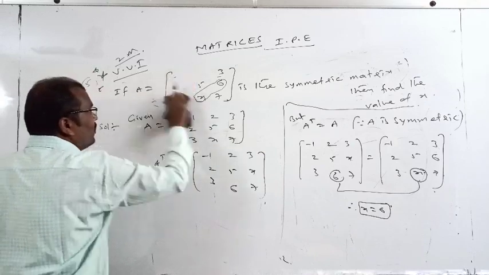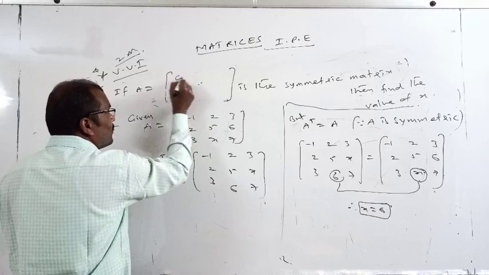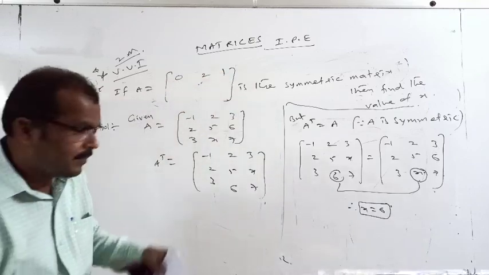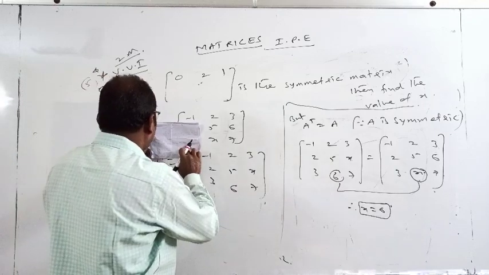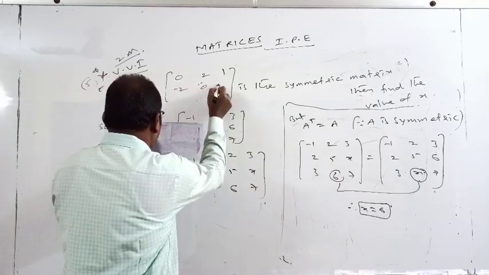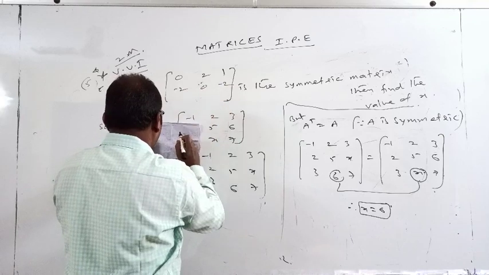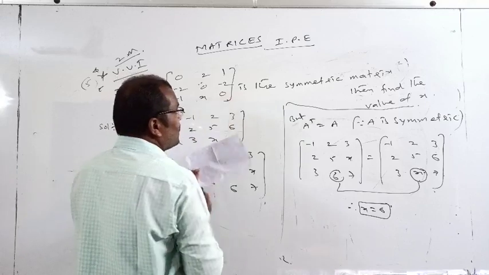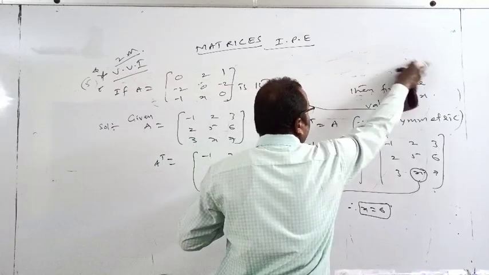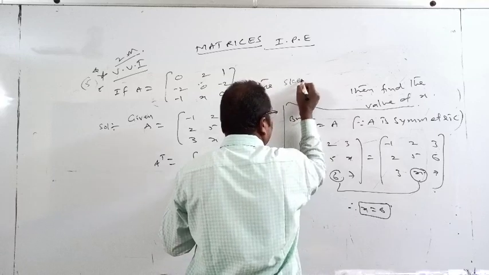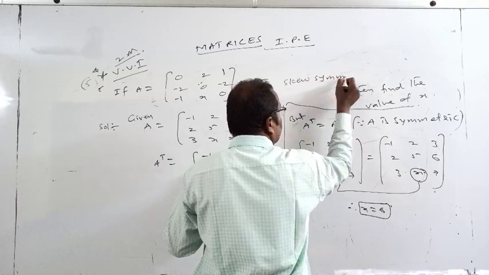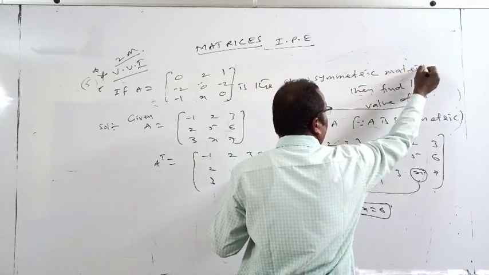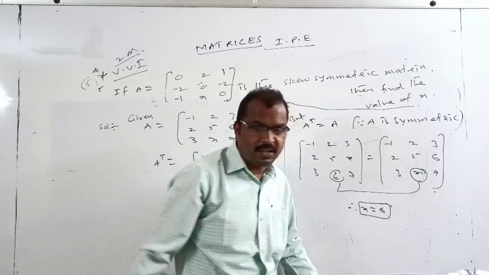If A is equal to [0, 2, 1; -2, 0, -2; -1, x, 0] is the skew symmetric matrix, then find x. So see the skew symmetric nature.